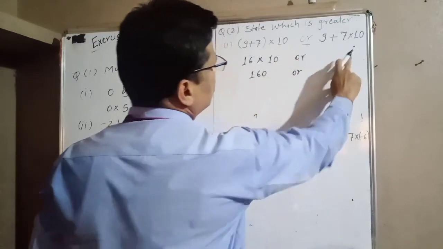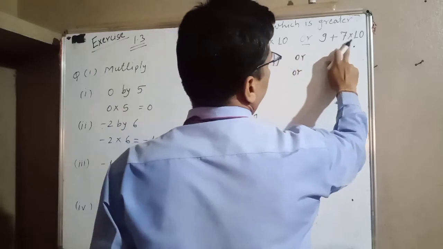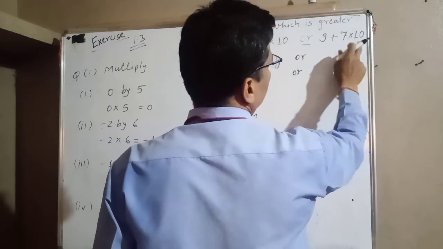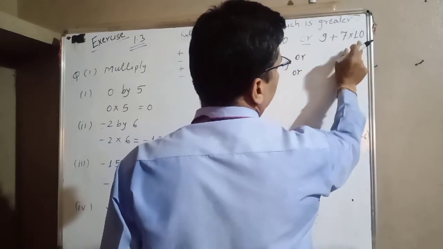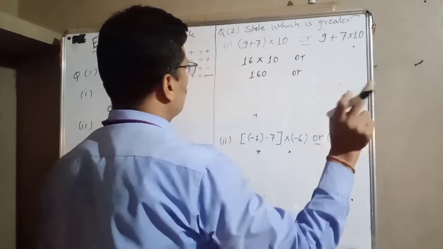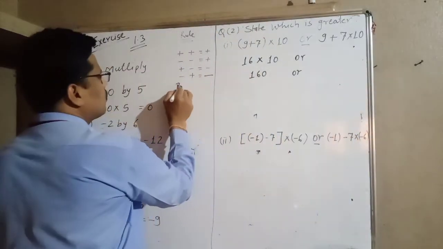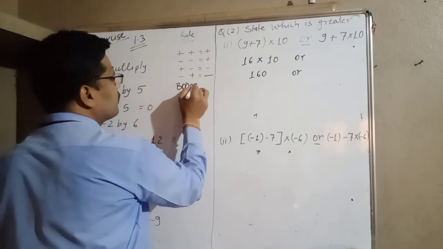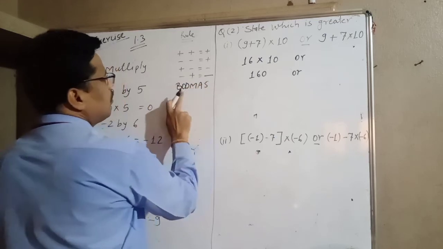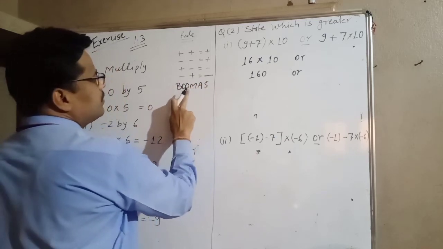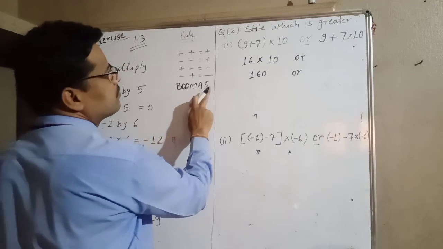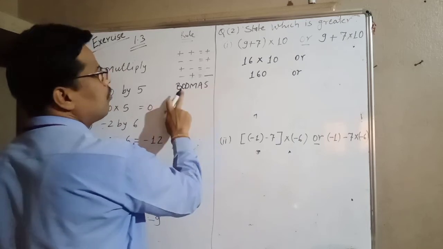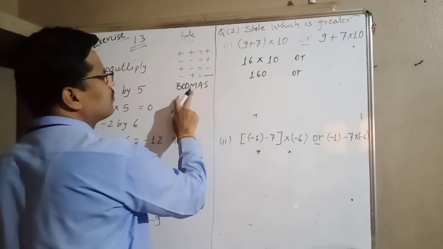Okay, now this side, 9 plus 7 into 10. First, we have to multiply 7 into 10 using the BODMAS rule. BODMAS: bracket, of, division, multiplication, addition, subtraction. There is no bracket, no of, no division, then multiplication.